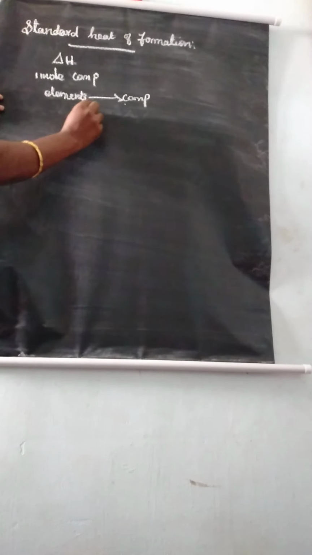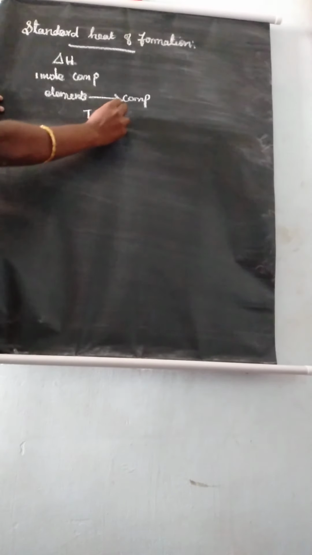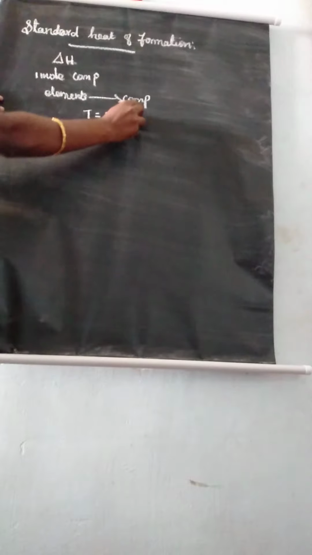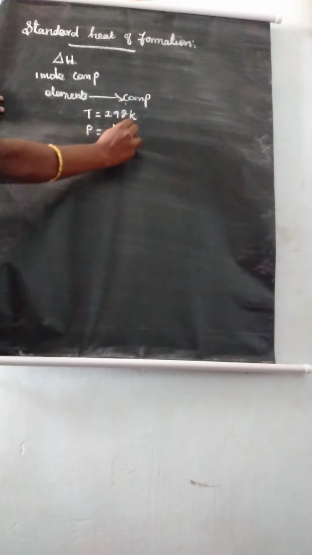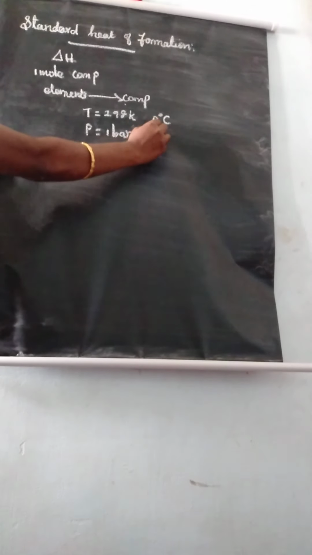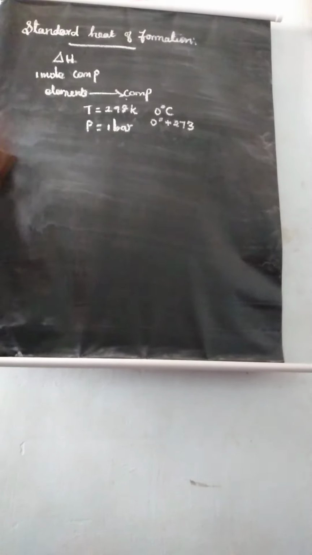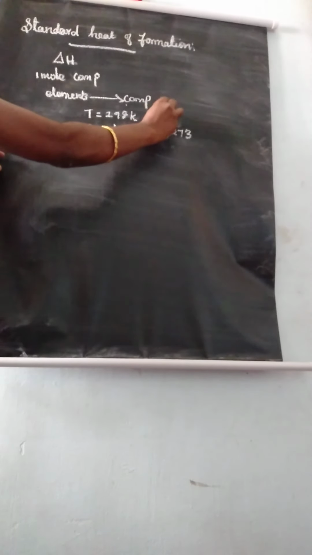What do standard conditions mean? Temperature and pressure are constant: temperature 298 Kelvin and pressure 1 bar. Sorry, standard temperature means 25 degrees Celsius.